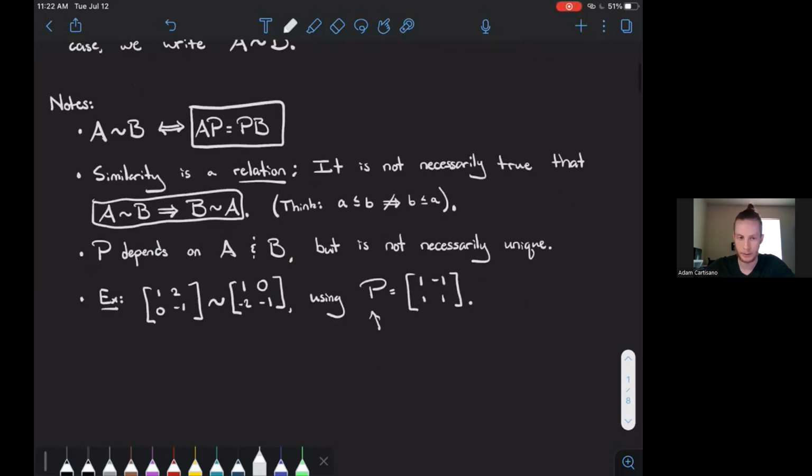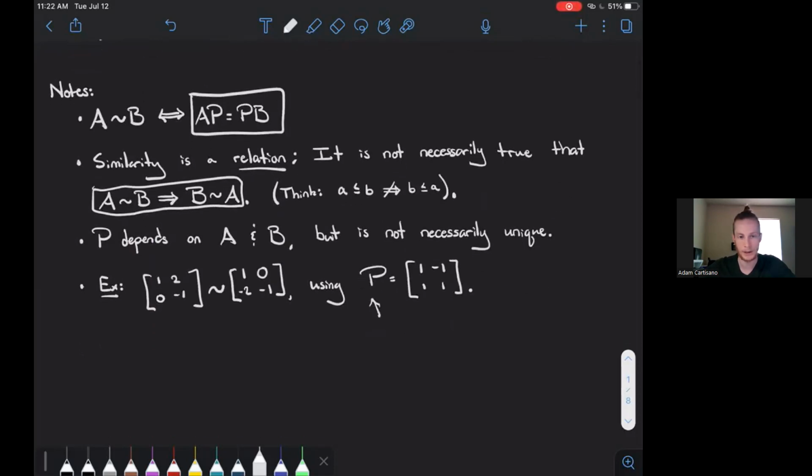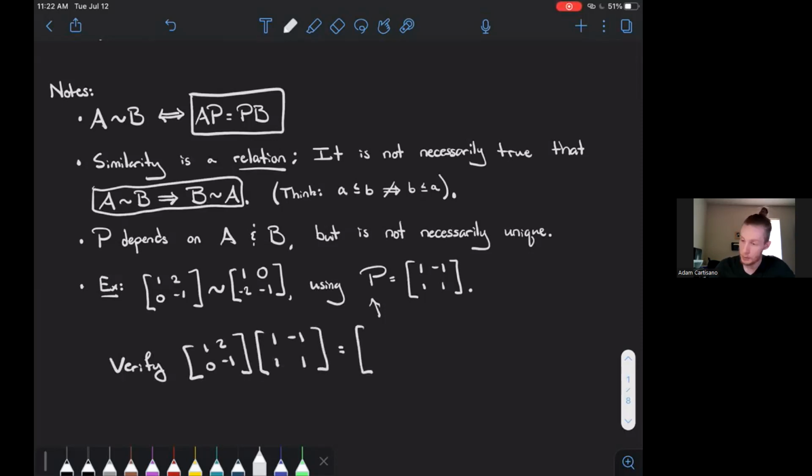So what we want to do right now, real quick, is just verify that these two matrices are in fact similar, and P was handed to us. So we have to verify that 1, 2, 0, negative 1, that's A, times P, 1, negative 1, 1, 1, equals P times B. So 1, negative 1, 1, 1 times 1, 0, negative 2, negative 1.